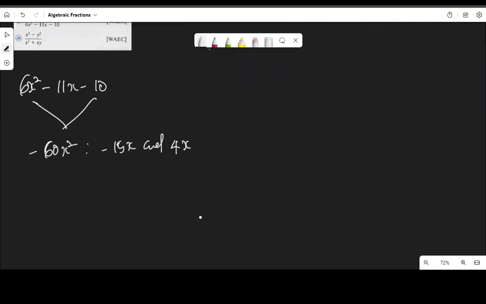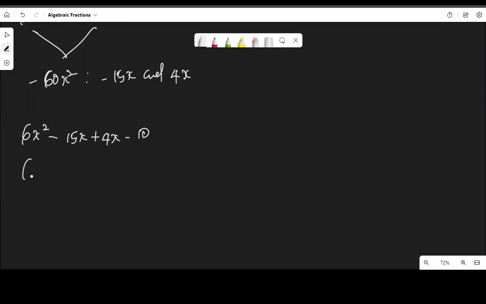Remember that negative 15s times 4s is negative 60s squared, and negative 15s plus 4s is negative 11s. So we will replace the middle term so that this expression becomes 6s squared minus 15s plus 4s minus 10.